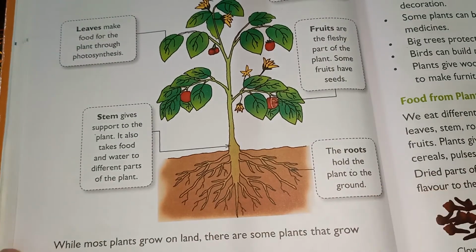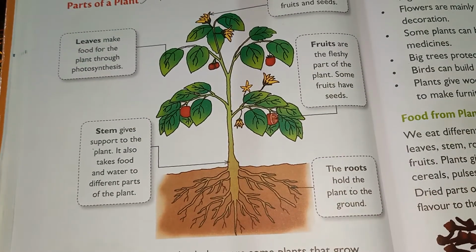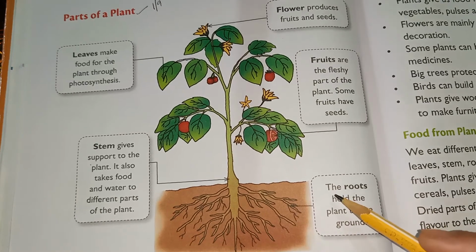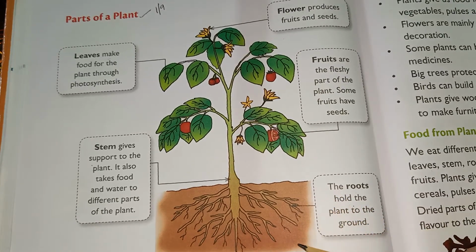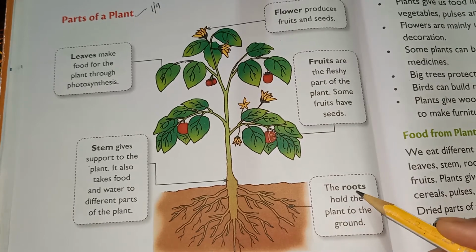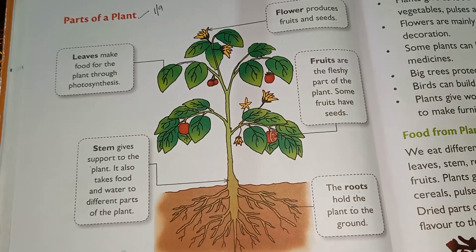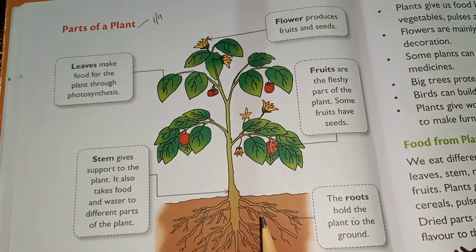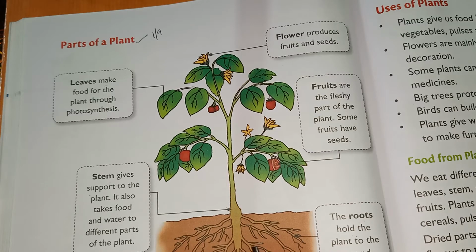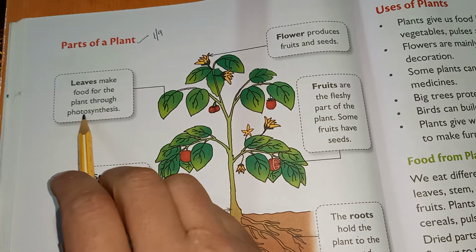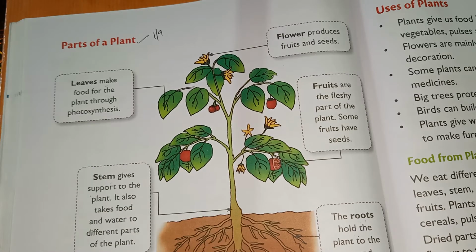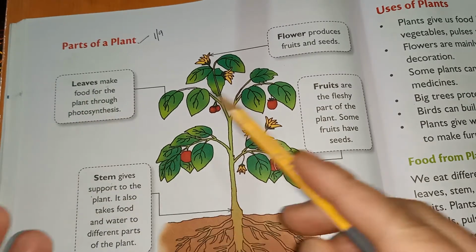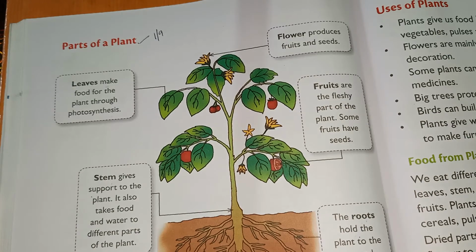And we learned that there are 5 major parts of plant, and they are: the part of the plant which grows under the ground is called root, the part which grows above the ground and supports the plant is called stem, the green part of the plant which makes food for the plant by the process called photosynthesis and also helps in the breathing process is called leaf, or plural form of leaf is leaves.